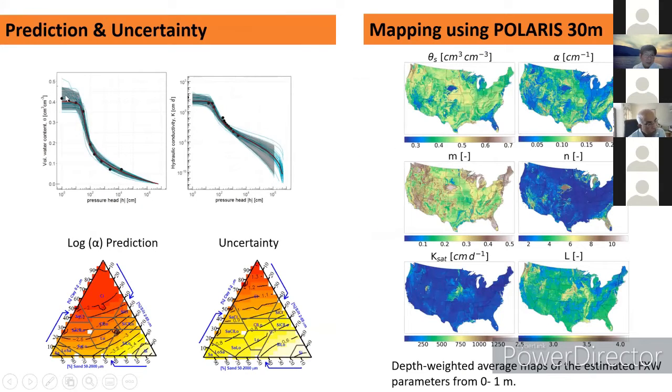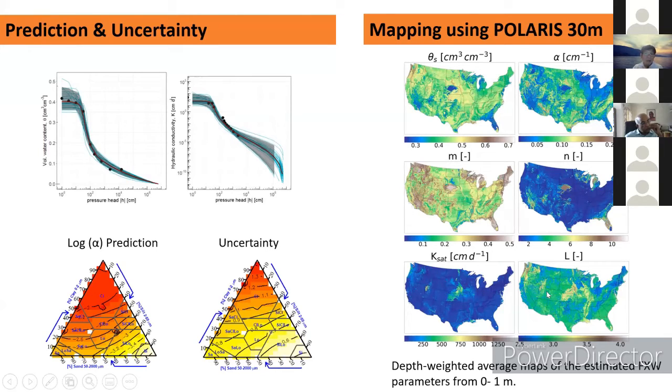So now what can we do about this? We can make a prediction and uncertainty. We can map these parameters throughout different regions. In this example, we map it for the US continent and at different depths. And this is saturated water content, alpha, M, and saturated conductivity, and so on.